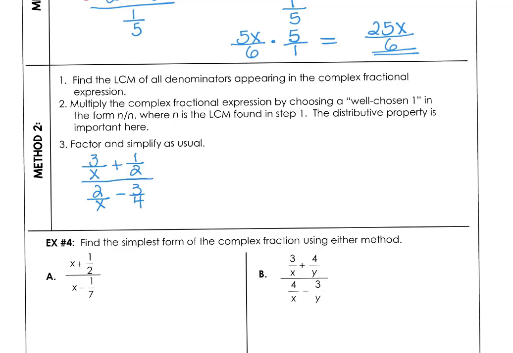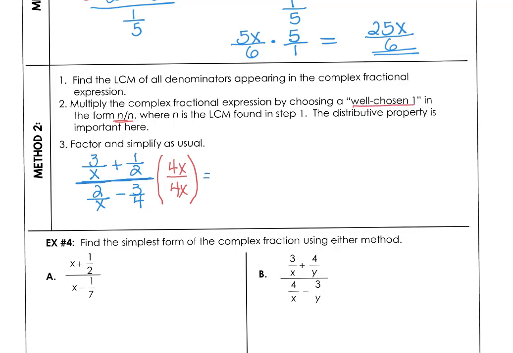So if we had a complex fraction that looked like this, we can clear all of the fractions by using some well-chosen one where it's going to eliminate all of the problems. So here it looks like we need a 4x on top and bottom. So that's our n over n, or what we're calling our well-chosen one.